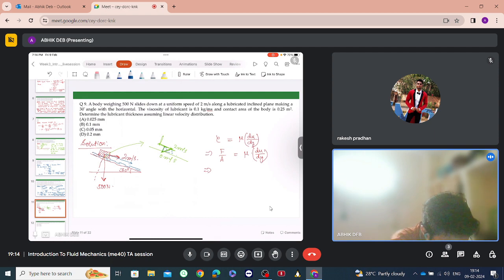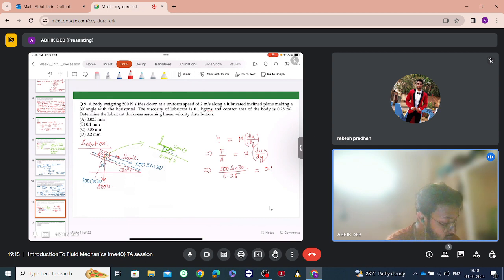This angle is 30 degrees, so this component is 500 cos 30, and this is 500 sin 30. 500 sin 30 is what is responsible for the motion. The area of contact between the two is 0.25 square meters. The viscosity is 0.1 kg per meter second.